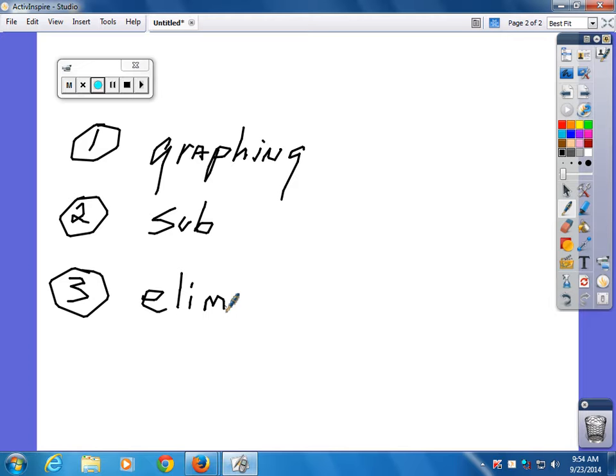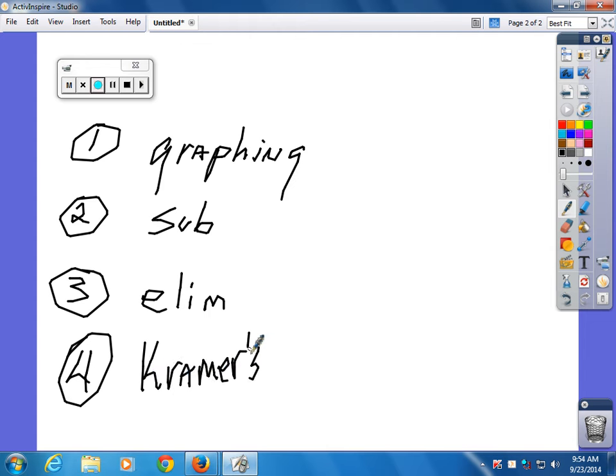Fourth, Cramer's rule, using determinants. We don't get into that, but I'll show you a quick version of it just for your information. And then fifth, matrices. And I'll show you an example of a matrix.